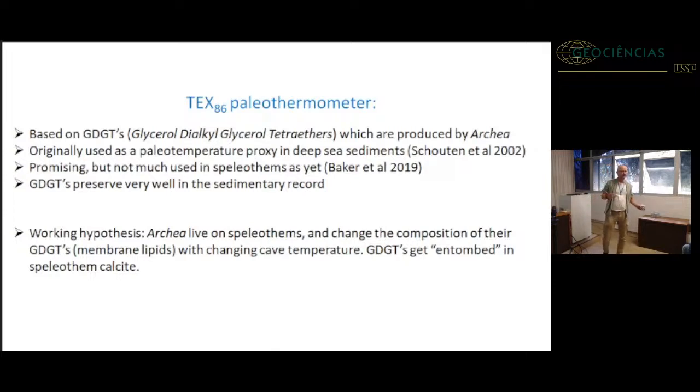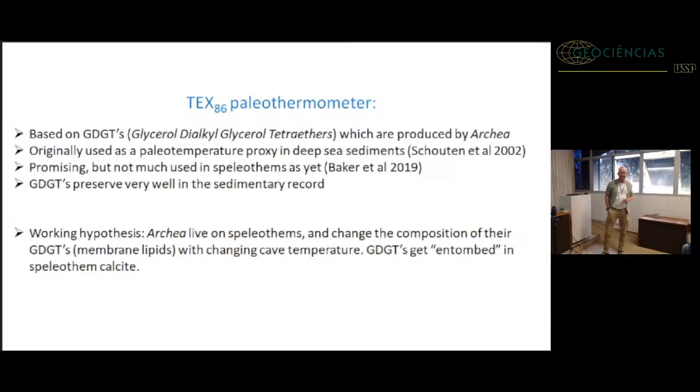Everybody uses it, right? It's not so well known for speleothems, so I'm going to explain a little bit where we are right now. Okay, there are glycerol dialkyl glycerol tetraethers, GDGTs. That's why we always call them GDGTs. It's very difficult to pronounce the entire thing. They are produced by archaea, which are some sort of archetypal bacteria.